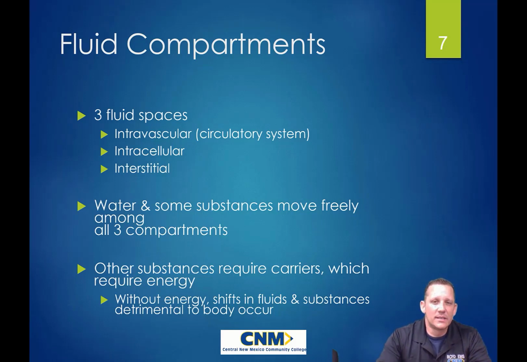So again, one of these things I keep touching on, say, diabetics, and we require energy to produce insulin, which is the key to unlock the cell to allow glucose and amino acids into the cells. Without the ability to create insulin, the sugar will stay in the bloodstream, causing hyperglycemia.